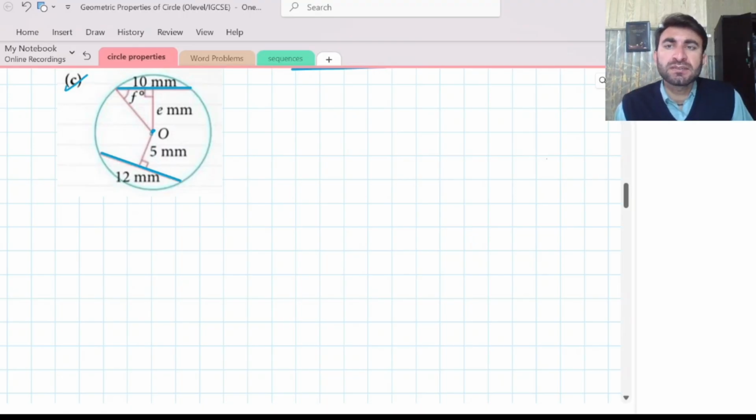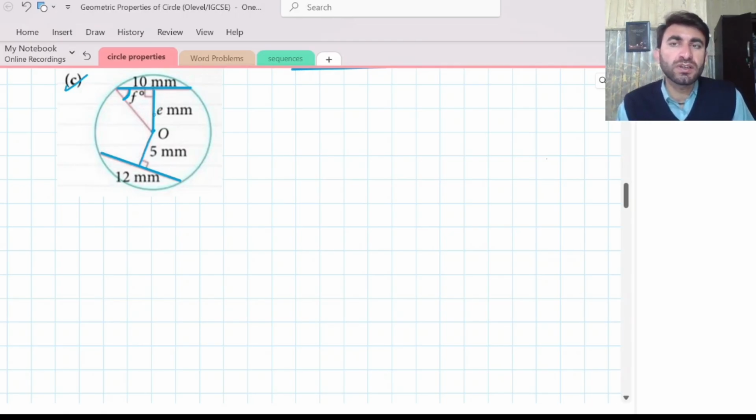And here is the distance between the center and the chord of 12 millimeters. It is 5 millimeters, and the distance between the center and the 10 millimeter chord is E, which is unknown. And here is the angle between the radial segment and the chord of length 10 millimeters. These are the two unknowns.